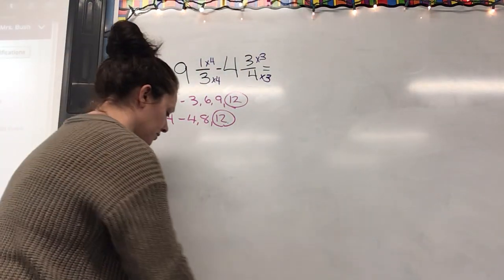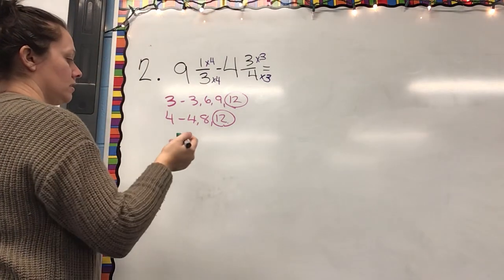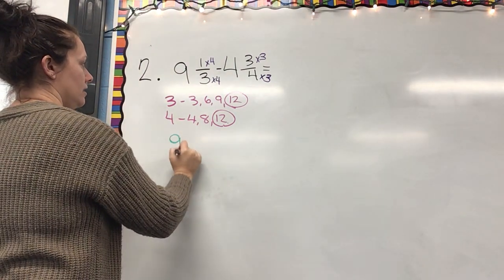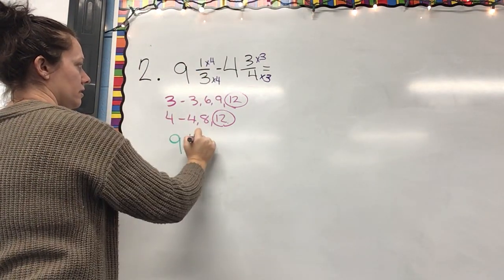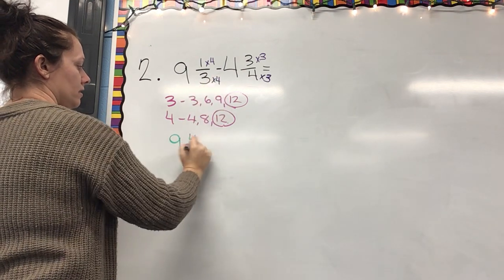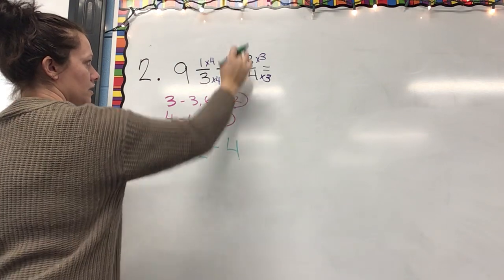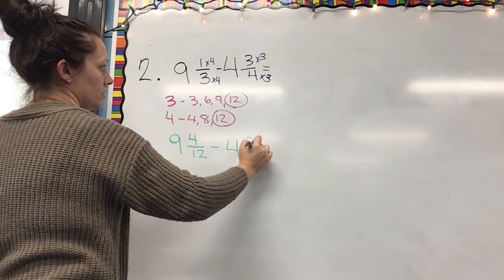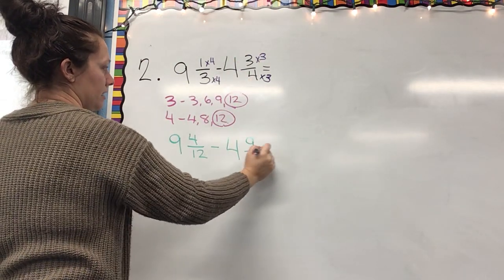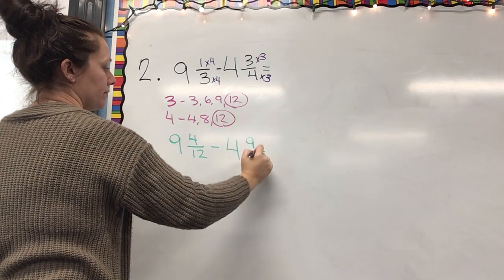Let's rewrite our new fractions. So I've got 9, 1 times 4, 3 times 4, minus 3 times 3, and then 4 times 3.